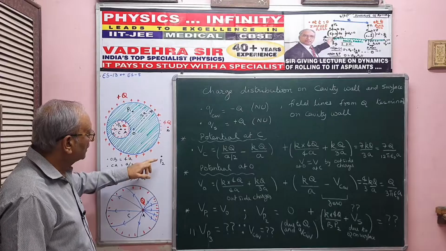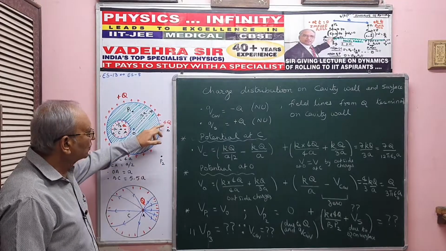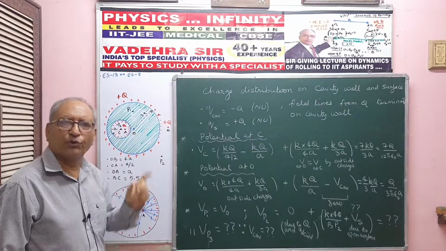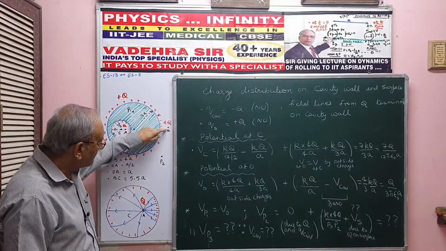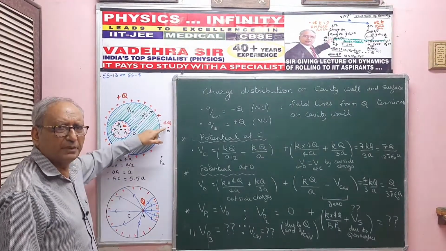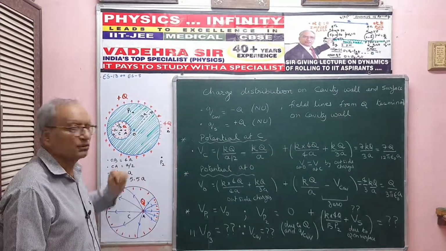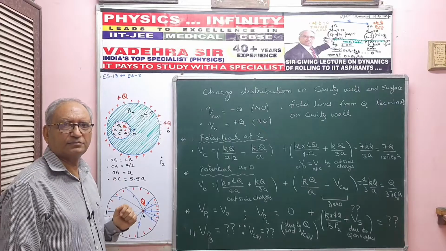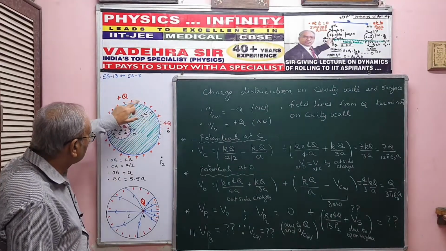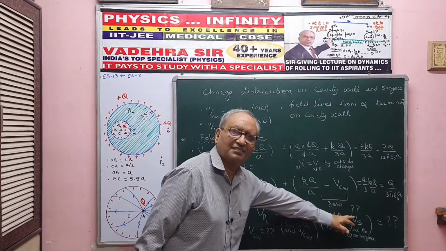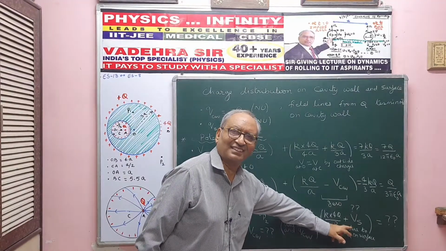The potential at P2 due to 4Q. Now this is a point charge. It will be K into 4Q divided by BP2, the distance. Positive contribution, 4Q is positive. Keep it. But the contribution from the plus Q on the surface will remain unknown.